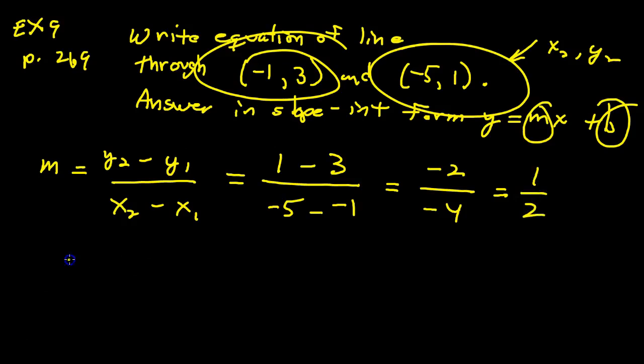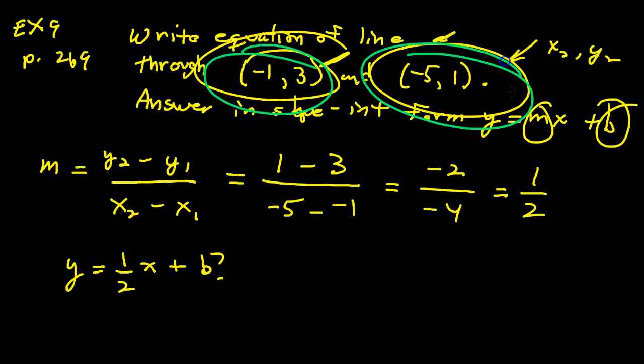All right, so I'm going to write my line equation with a known slope now. I know my line is going to look like this, but I don't know the y-intercept. And I'll find the y-intercept like I did in the last two examples. I can plug in either pair of coordinates here into the line equation for y and x respectively, and then use that information to solve for the unknown y-intercept.